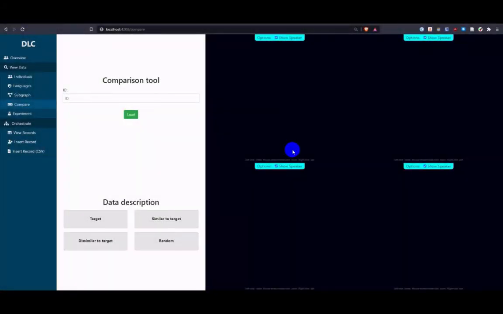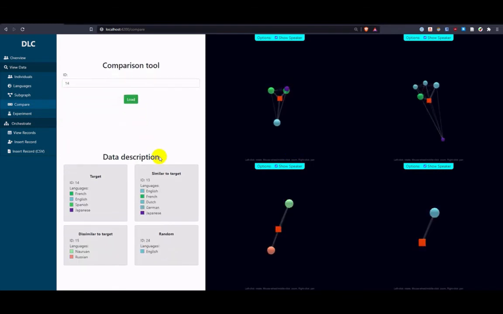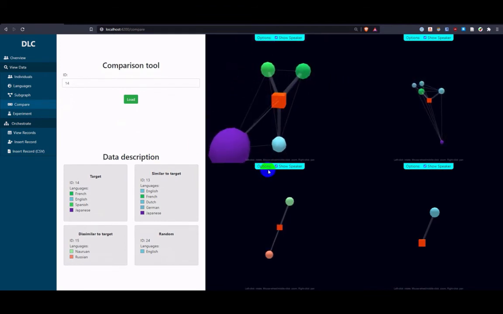Our most important tool remains the comparison tool, which enables for any specified respondent to load up their representation. So this is the representation we saw earlier when we were viewing an individual representation.